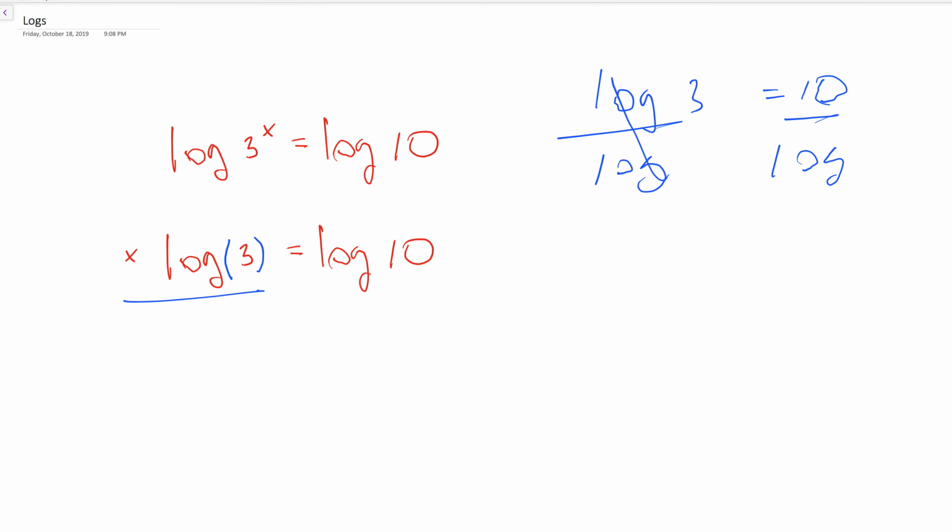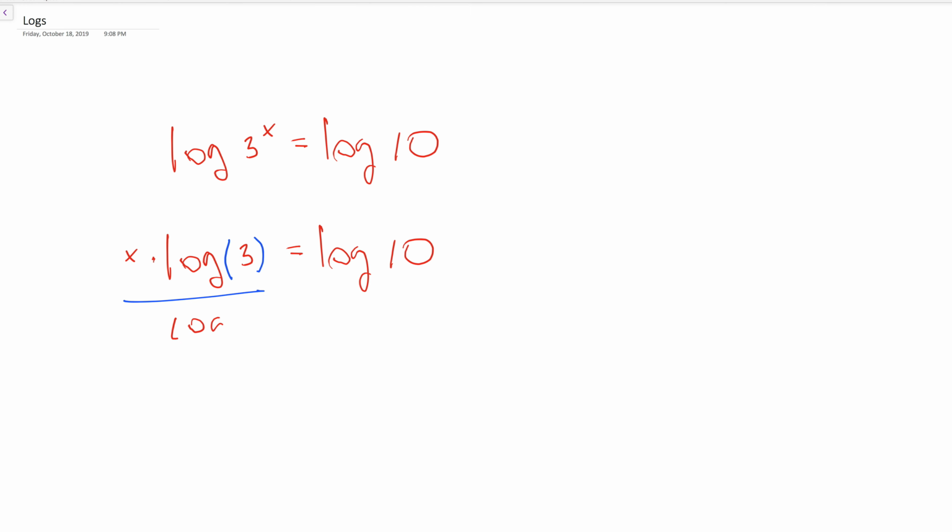That doesn't make any sense. They're stuck together. It's like sine of 30 degrees. You can't divide by the word sine. Sine without a degree is meaningless. It's like the word "the." It doesn't have meaning. So if you want to divide, you divide by log 3.